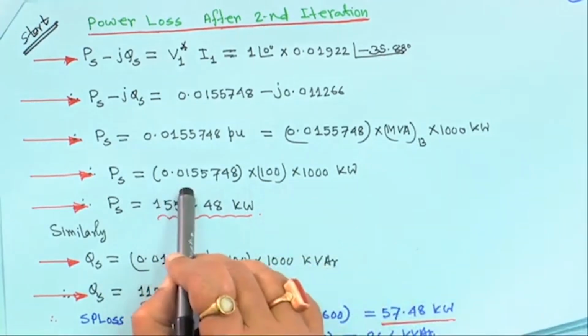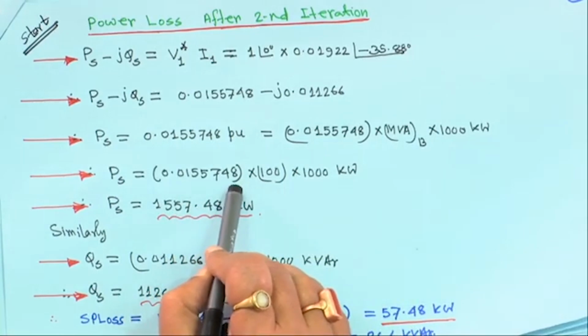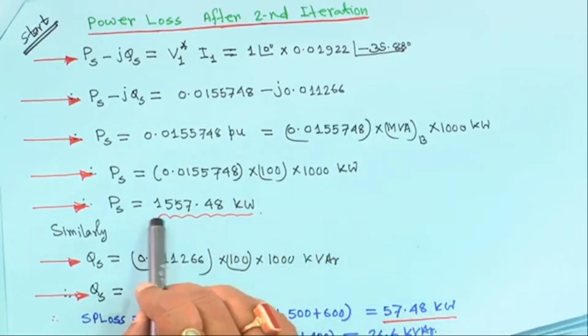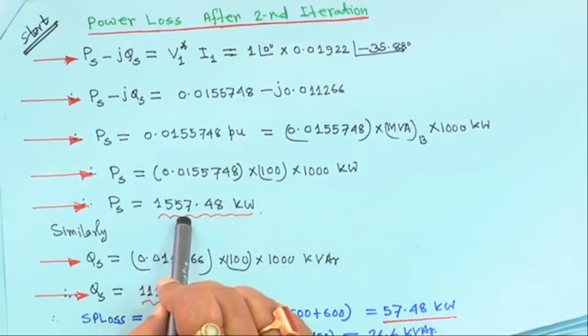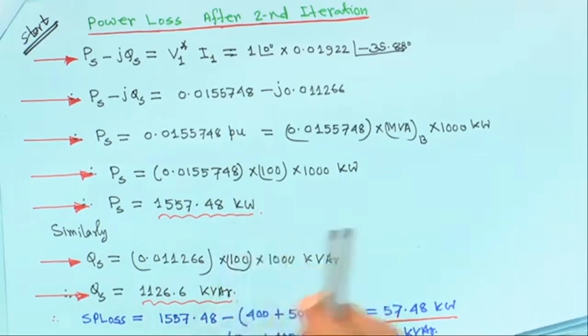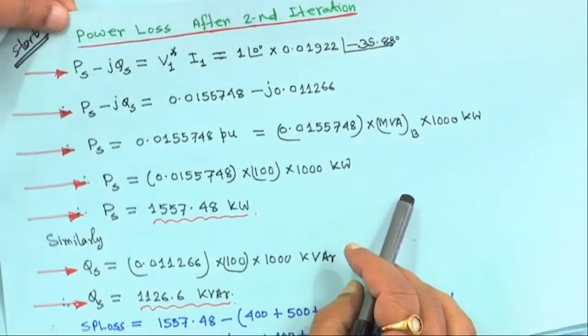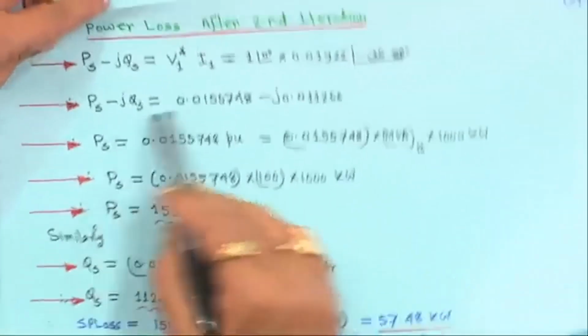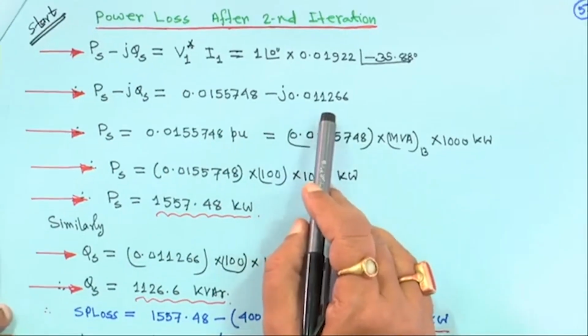So PS is 0.0155748 into 100 into 1000 kilowatt, that is the total real input power to the substation, 1557.48 kilowatt, right.